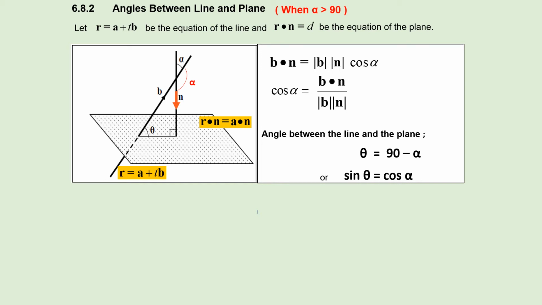It can be going down. If that is the case, in scalar product, you see the vector going up here, diverting down here. So the angle is the red color one. So this is the obtuse angle. When it is an obtuse angle, how to determine the angle between the line and the plane, theta here?